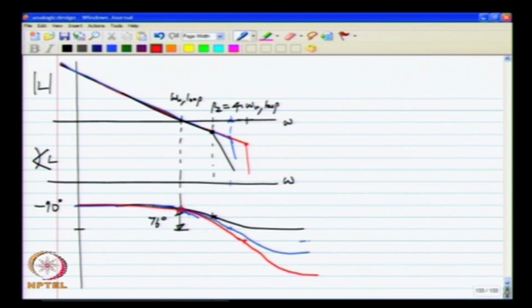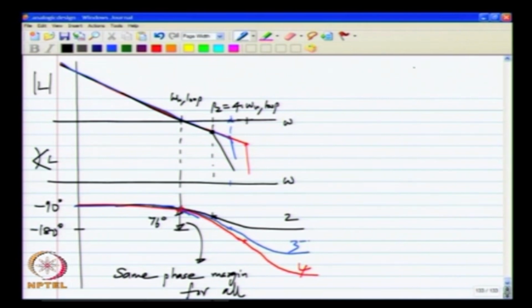Okay. So, this is a second order system, that is a third order system, 2 extra poles, and this is a fourth order system. Okay.